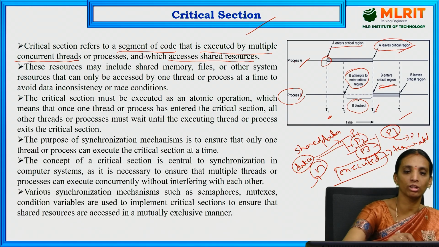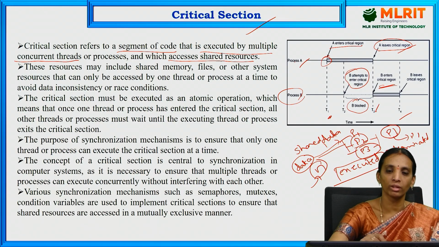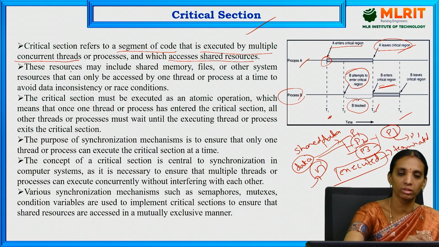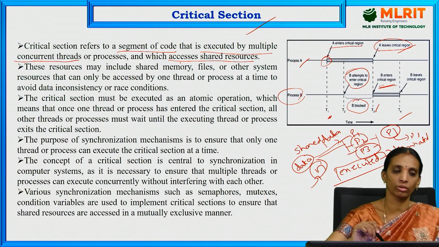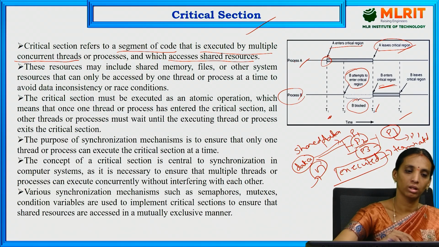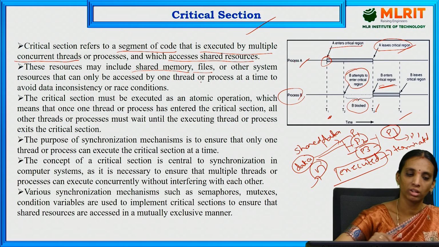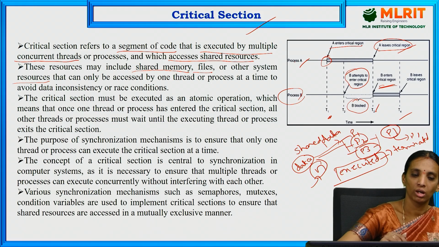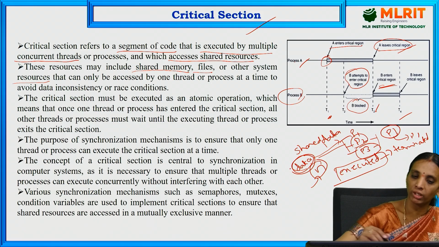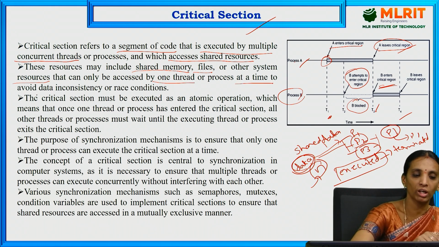Critical section refers to a segment of code executed by multiple threads which accesses shared resources. These resources may include shared memory, files or other system resources, and this data will be accessed by only one thread or process at a time to avoid data inconsistency or race conditions.